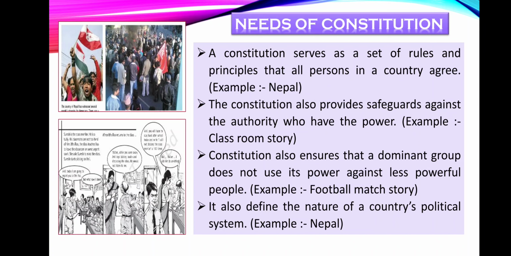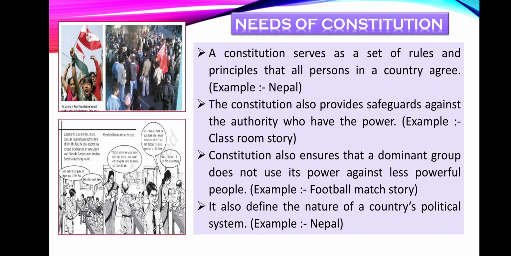In any society, the minorities of that particular area should be protected from the majority, because every time it happens that when the majority rules, they try to control things. So we need to protect the minority from the majority.